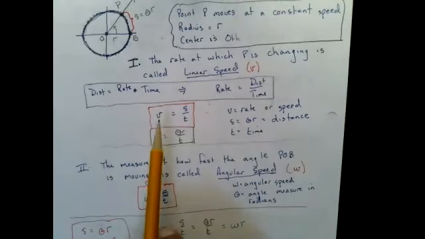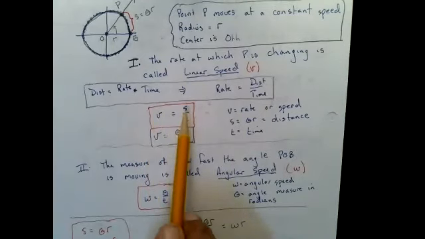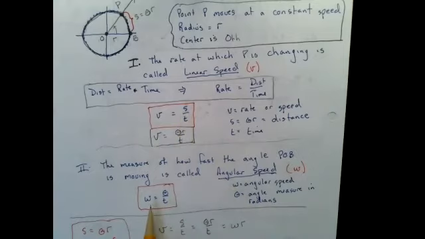Just like up above, my linear speed was length over time, angular speed is going to be the number of radians over a certain time. So we have W equals theta over T.